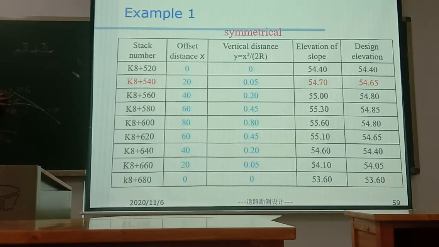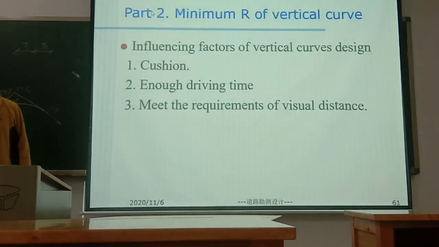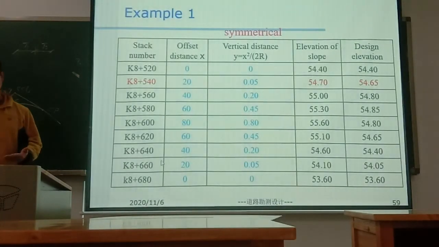So we can get this value. Eventually we can get the design elevation. Understand? Okay. Use the same method for other stake numbers.